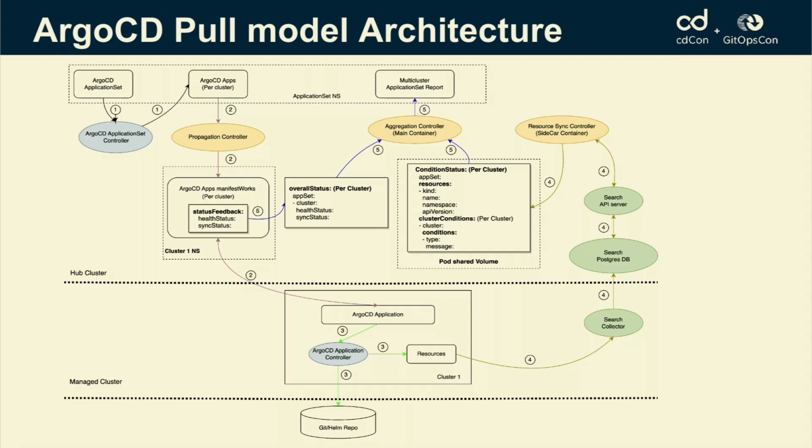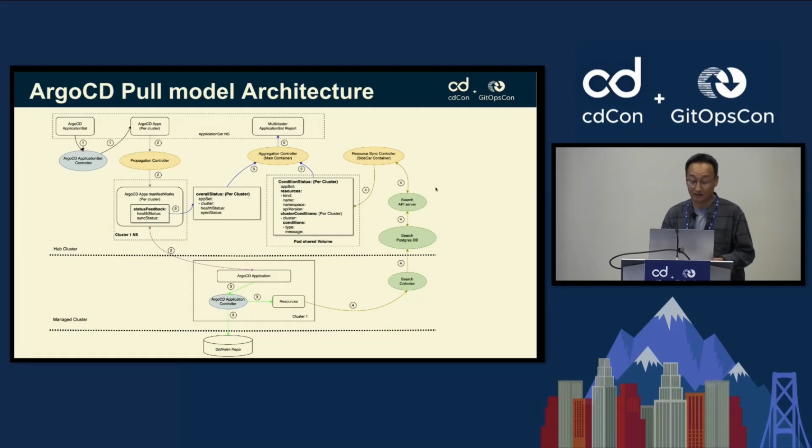Then we collect it into the database, and then we have an aggregation controller to finally aggregate all the status, including the overall status and the per cluster condition status, and then we combine them into one final resource. That's the new CRD we introduced in the Pull model. We call it a multi-cluster application set report.